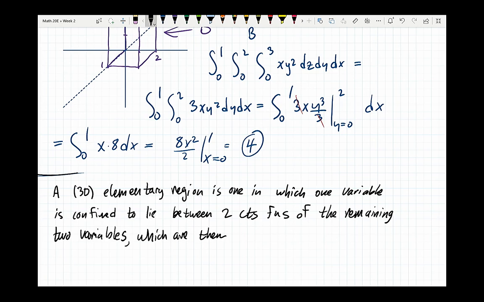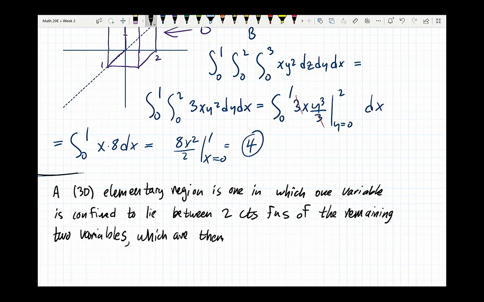One variable is constrained to lie between two continuous functions of the other. Let me start over. One variable is constrained to lie between two continuous functions of the remaining two variables.